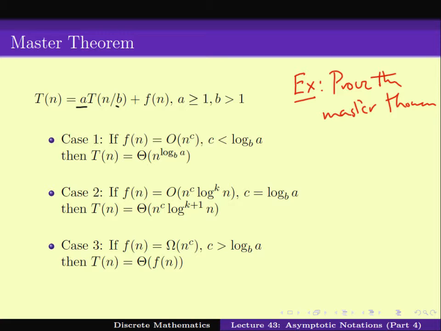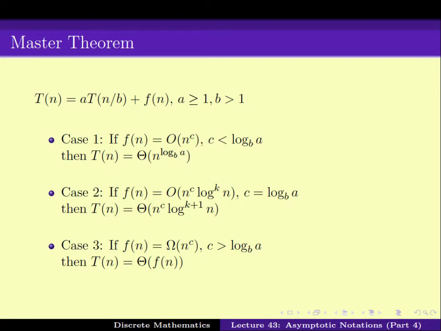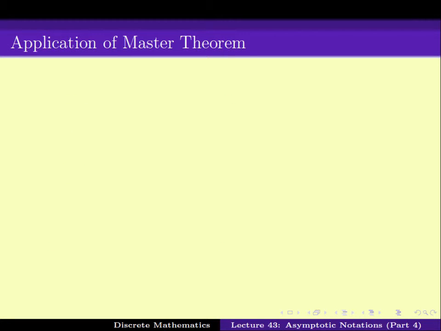So instead of proving it, I will show how one can apply the Master Theorem to some of the recurrences that arise. The Master Theorem is a bit complicated to figure out what's going on because of this log a base b and so on and so forth, but we will see how one can attack them.